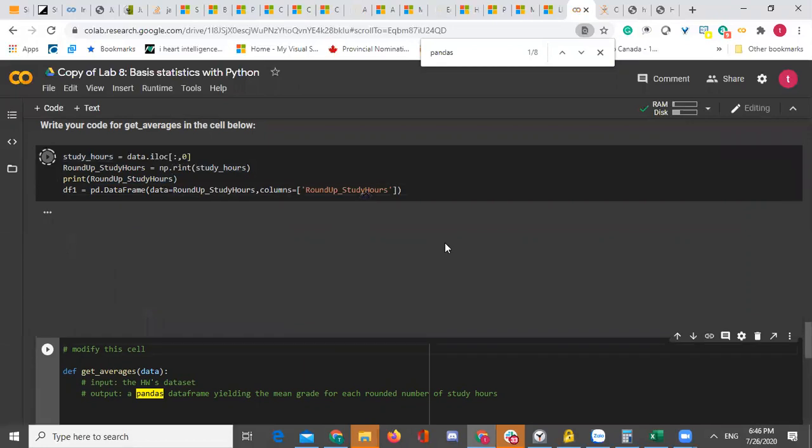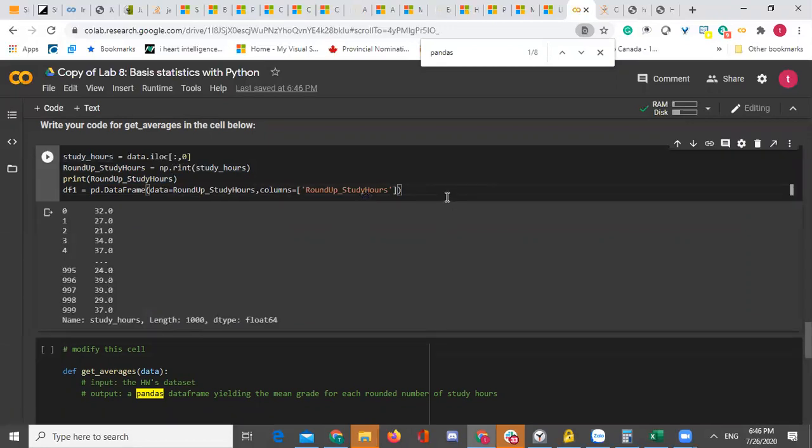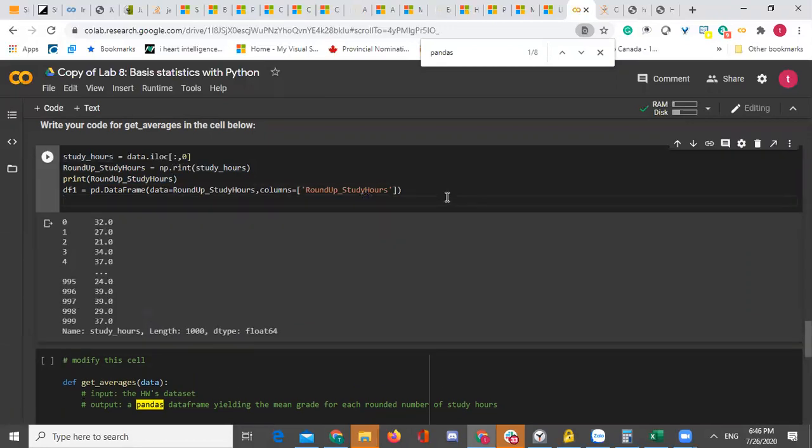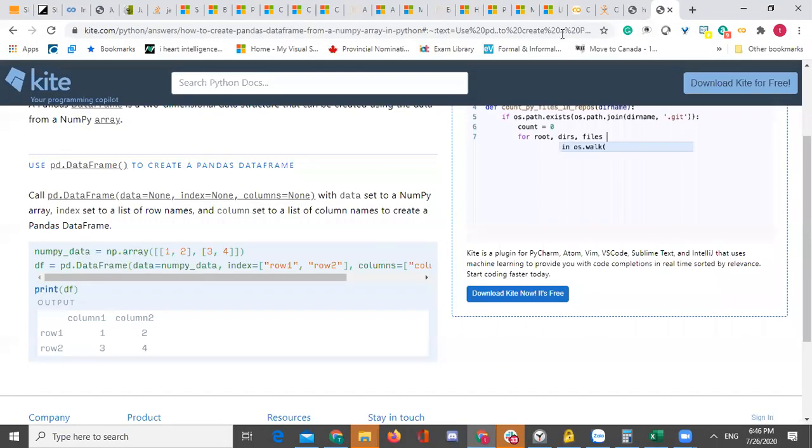Yes. Okay. So now you should make a concatenation of this one with the other one. Yes. So let me concat it.